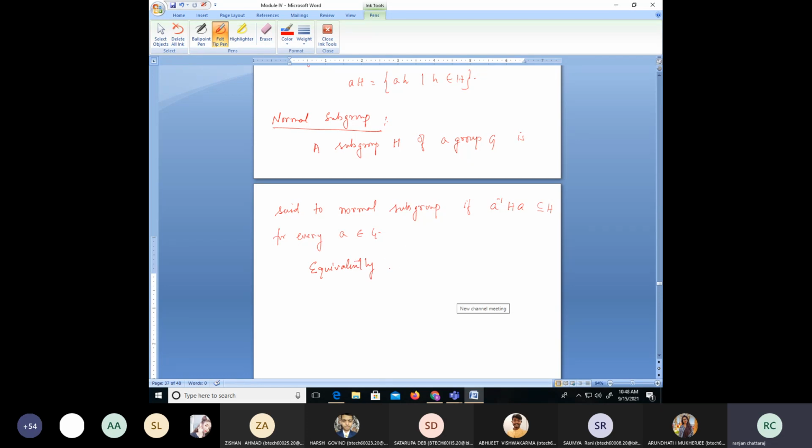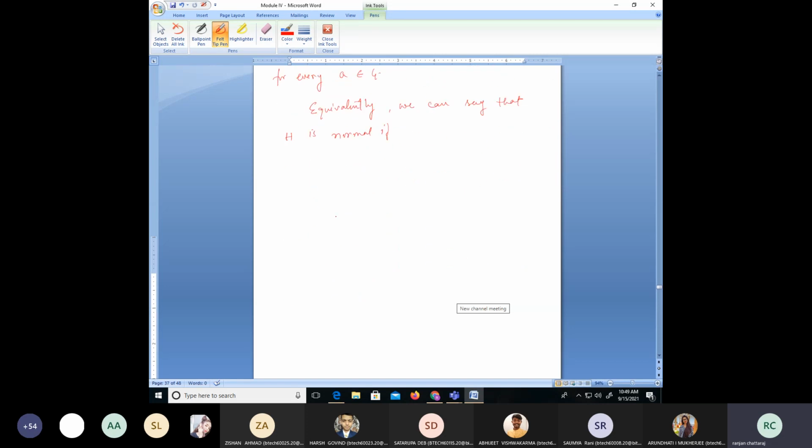Equivalently, we can say that H is normal if the left coset AH is equal to the right coset HA, and it is valid for all A belongs to G. Is it clear?